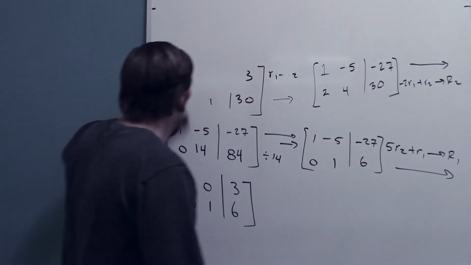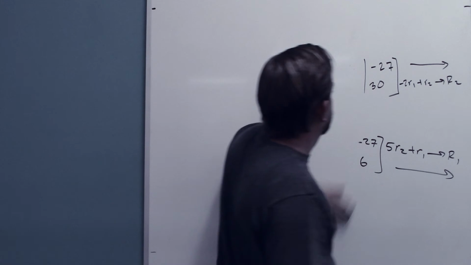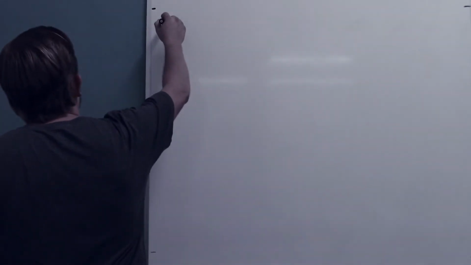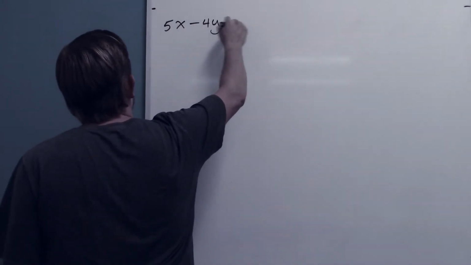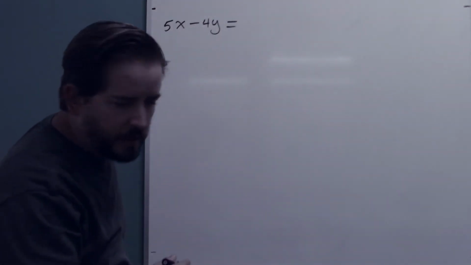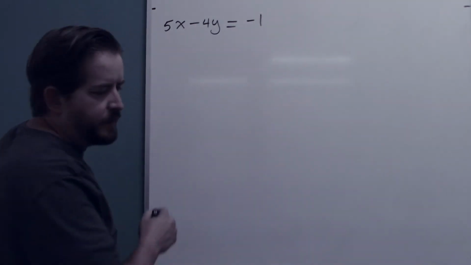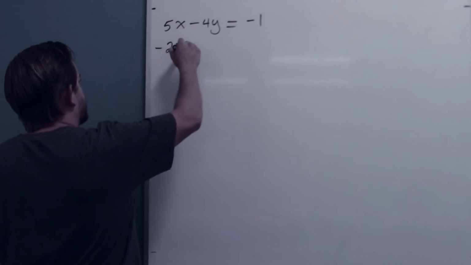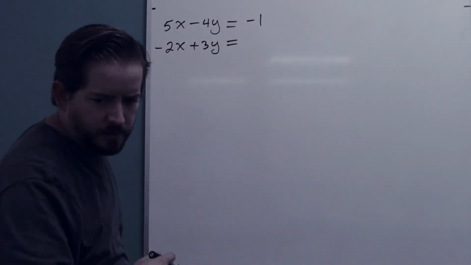Let's take a look at this next one where it is impossible to avoid fractions forever, but we can avoid them as long as we can. 5x minus 4y equals negative 1. And negative 2x plus 3y equals 2.